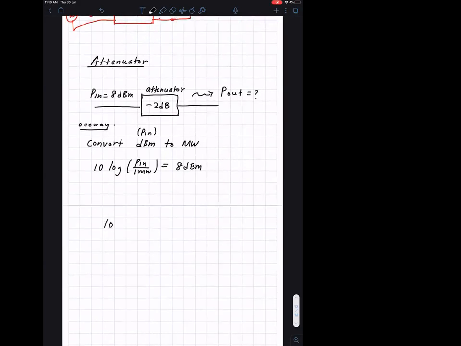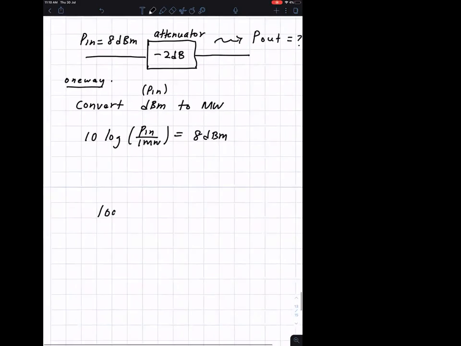So log of P in over 1 milliwatt, if I divide by 10 on both sides, 10 divided by 10 on this side will be 1, and 8 divided by 10 on the other side becomes 0.8.